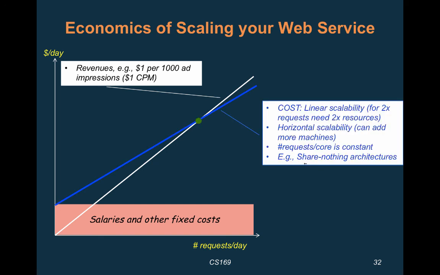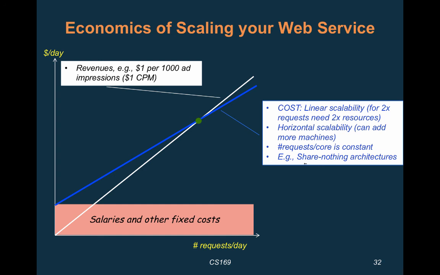The happy situation is when you have linear variable costs. Every request costs a little bit, and if you have 1 million of those, they just cost 1 million times more. So linear scaling. This is what you get for a good design.